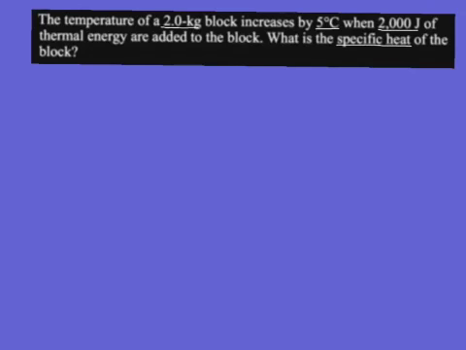Okay, now we are going to find the specific heat in this problem. Now we're going to write down what we know and what we don't know. Q, which is the thermal energy, is 2,000 joules, and then the mass is 2 kilograms.